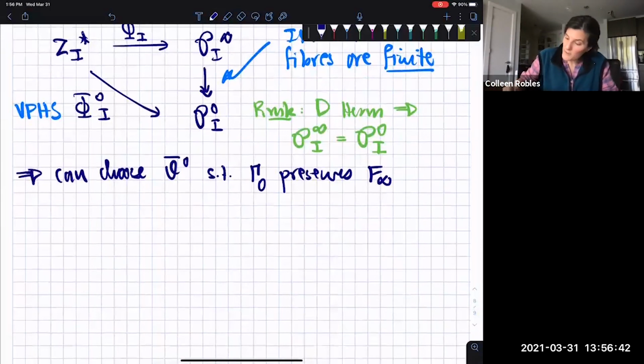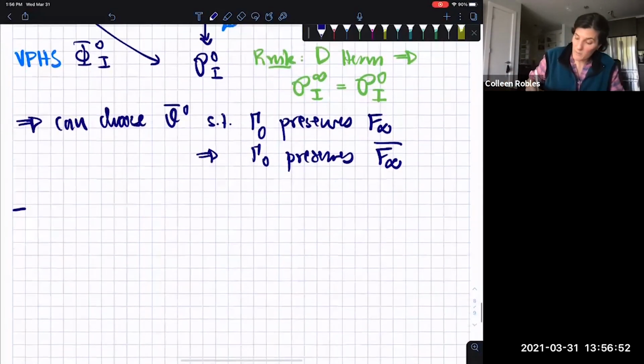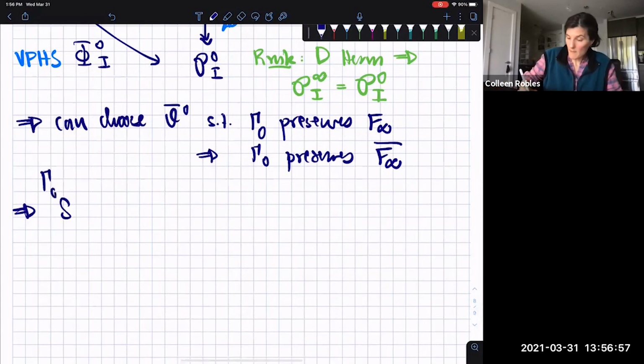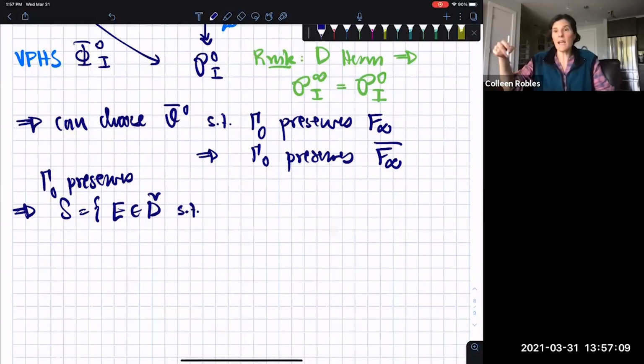And that in turn, of course, implies that gamma naught preserves the complex conjugate of F infinity. And so in particular, gamma naught preserves the Zariski open Schubert cell of filtrations in the compact dual that intersect this F infinity conjugate generically, so with a minimal possible dimension for this compact dual.